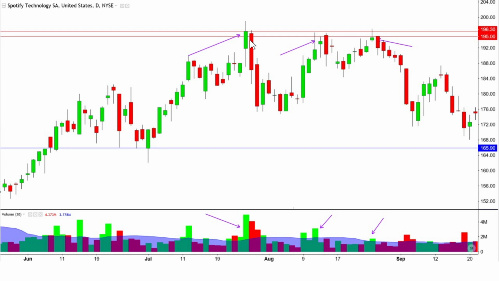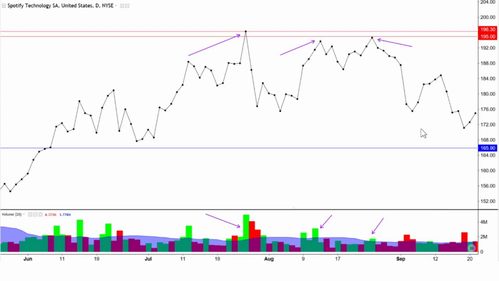Again, temporary movement over the resistance, whether it's centered around 196.30 or exactly 195, doesn't matter that much and is actually quite acceptable since there was high volume at these downswing points.